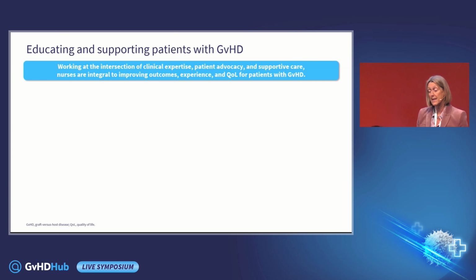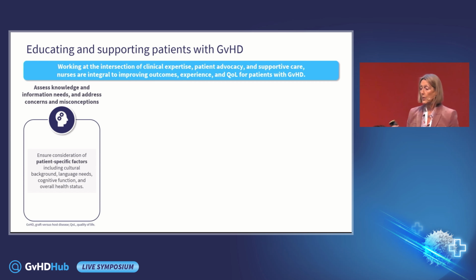So nurses have a role in educating and supporting patients with chronic graft-versus-host disease. We work really at the intersection of clinical expertise. We work with patients as advocates, and we provide supportive care. We assess the knowledge and information needs of our patients, and we use lots of different techniques to do that, using written and visual materials, but also strategies like teach back, where we get patients to talk back to us about what we've just told them.